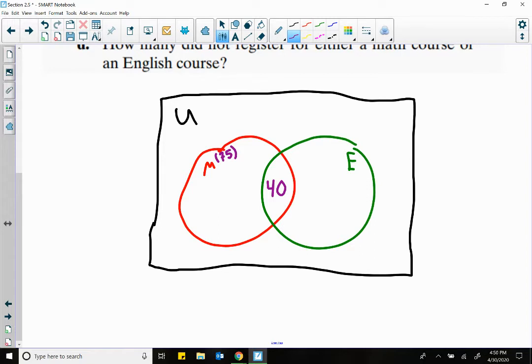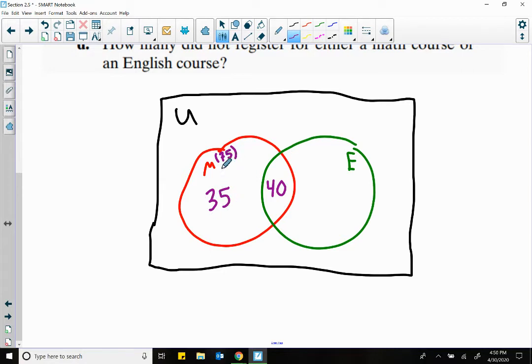So, in essence, we already have 40 students taken care of in this 75. How many are left? We'll take 75 minus 40, and you get 35. That's how many students enrolled in just math, because 35 and 40 give you 75.